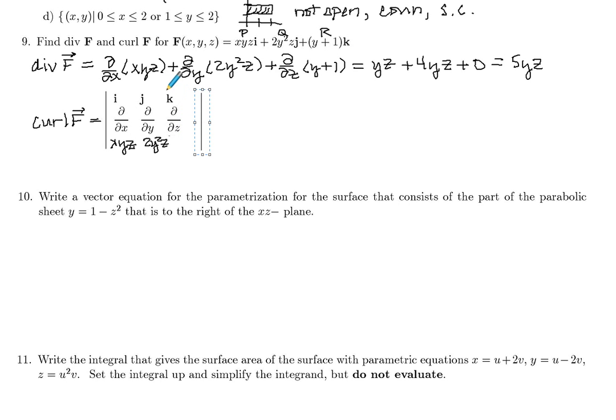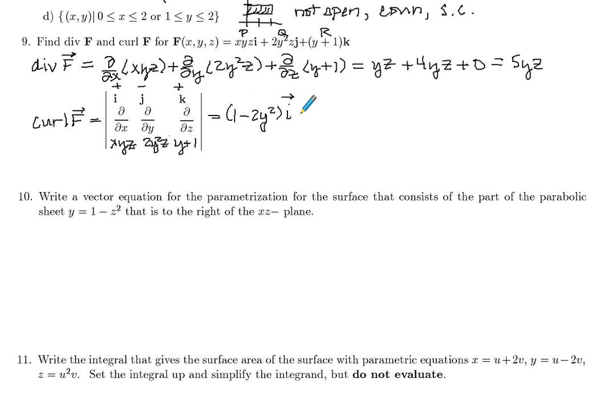Give myself a little bit more room here. Alright, so remember how we do this? Take out the row and column for i. Remember the cofactor signs are plus, minus, plus. So take out the row and column for i, so we want the y derivative of y plus 1, which is 1, minus the z derivative of 2y squared z, so 2y squared, and that's times i.